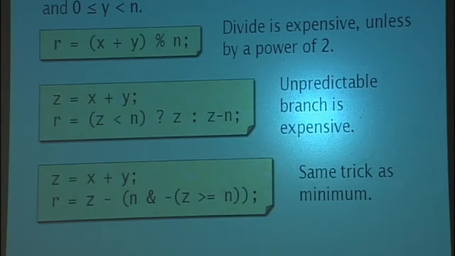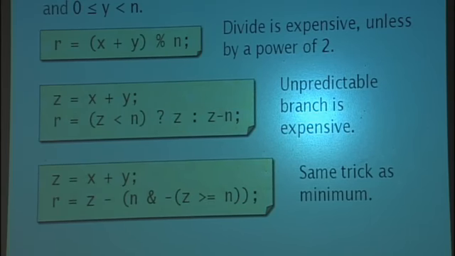That gives me n. And so then I'll take z minus n. That's what I want. However, if z is less than n, then this will evaluate to 0. Minus 0 is 0, and n AND 0 is 0. And so I'll end up just getting the x plus y. So it's basically the same trick with a couple of twiddles on the minimum that we saw on the previous foil. Okay?